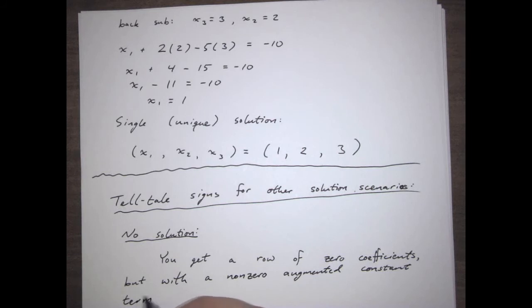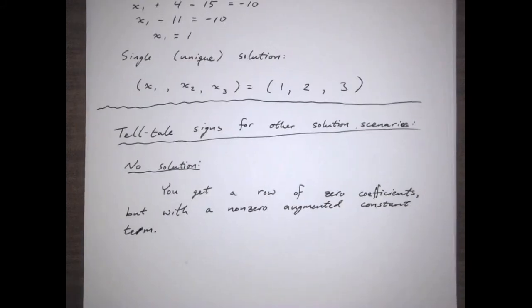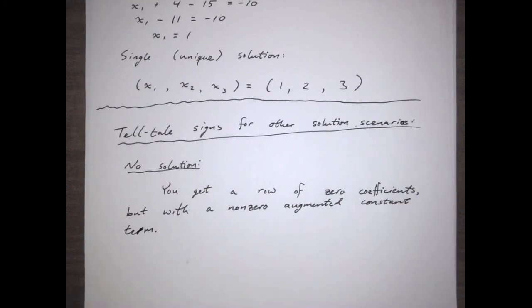Now, this may not be the way it looks originally, but when you do the row operations, similar to what we did before, then it ends up looking like that.